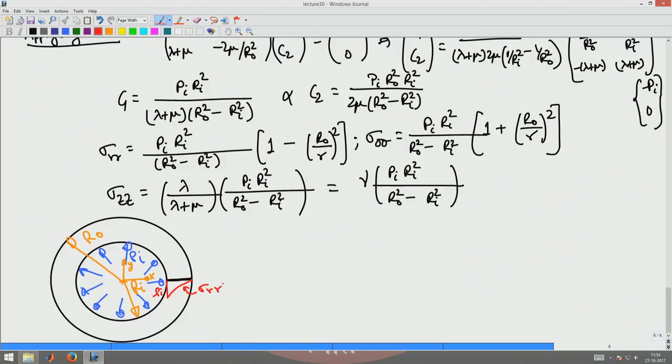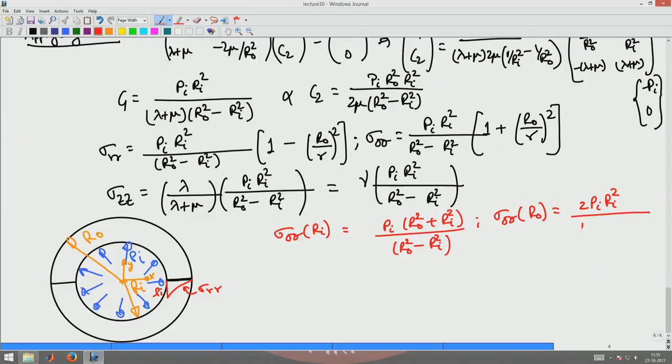On the other hand, sigma theta theta, now let us plot sigma theta theta variation. Sigma theta theta at Ri would be Pi R naught square plus Ri square divided by R naught square minus Ri square, okay. And sigma theta theta at R naught would be 2 times Pi Ri square divided by R naught square minus Ri square.